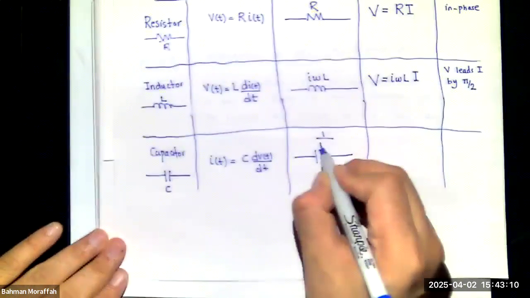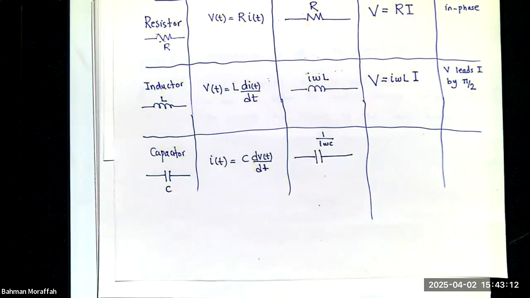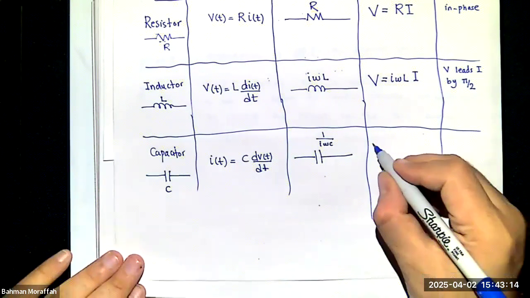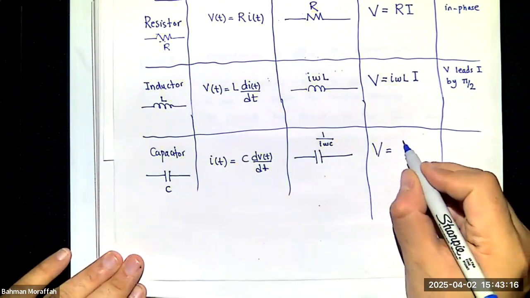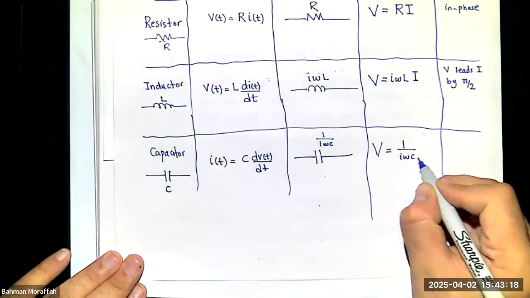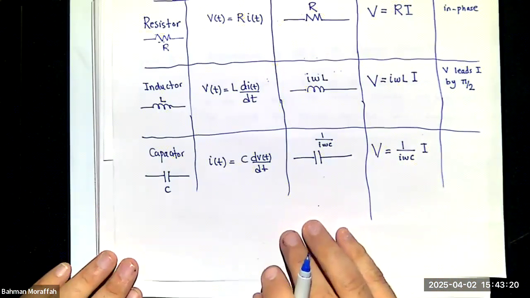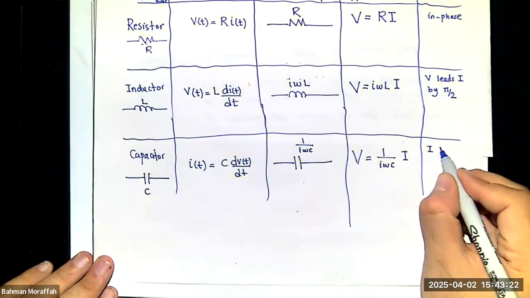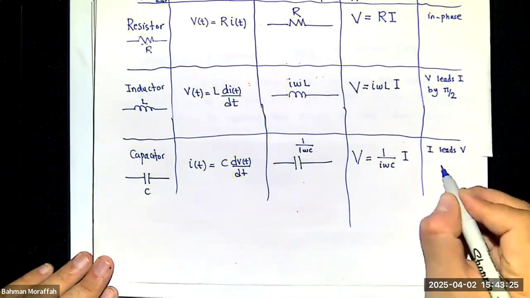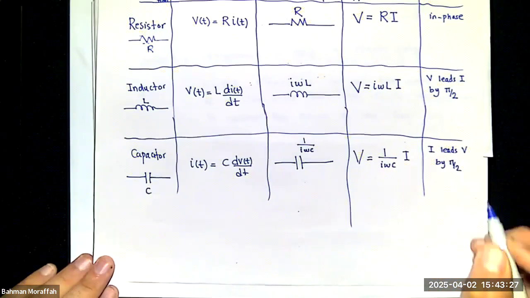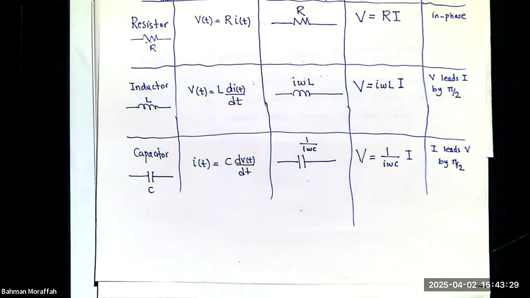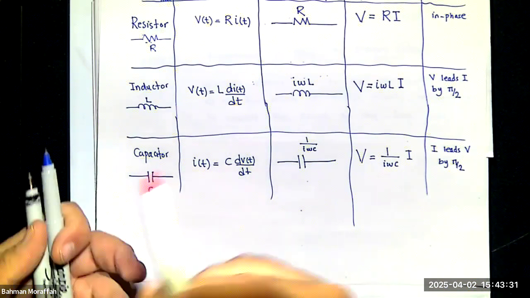The value is 1 over i omega C. And I know the relationship between V and I is V equals 1 over i omega C times I. And in this case, I leads V by pi over 2.